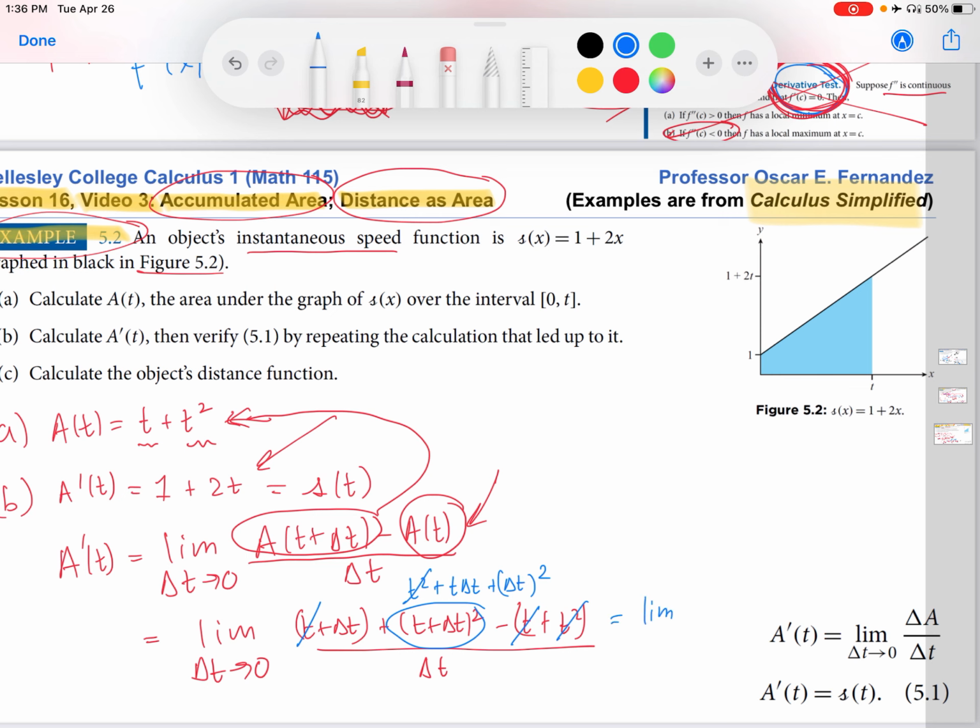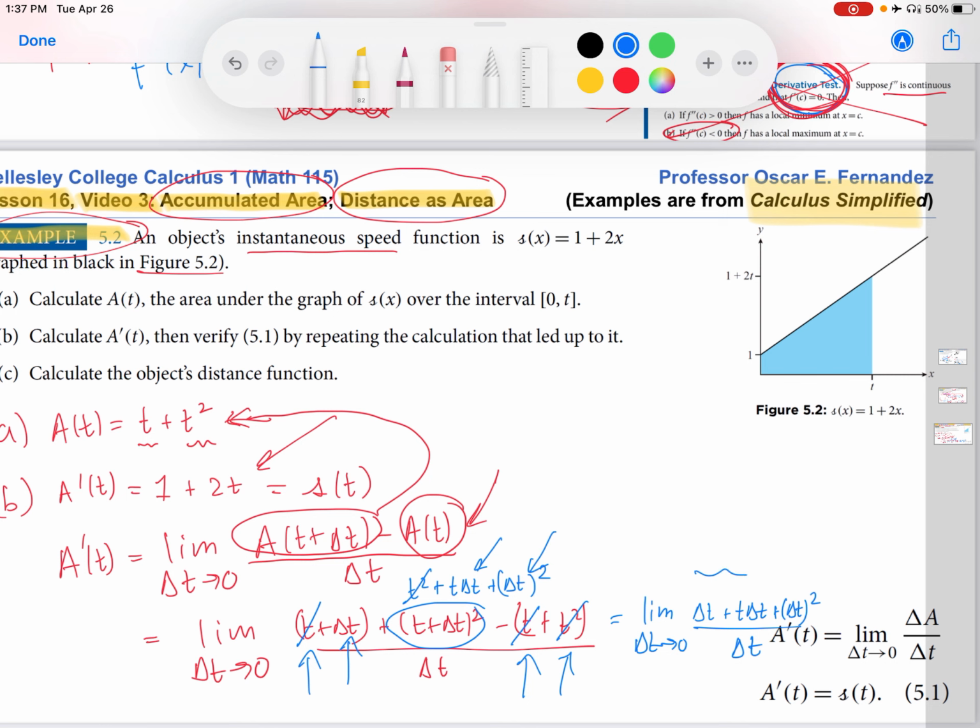So what's left in the numerator, delta t goes to 0. We have a delta t down here. We have this delta t, right? That's one of them. So that's delta t. And then we have this next term plus 2t delta t. And we have this next term plus delta t squared. Okay, remember these two canceled, and so did that one.